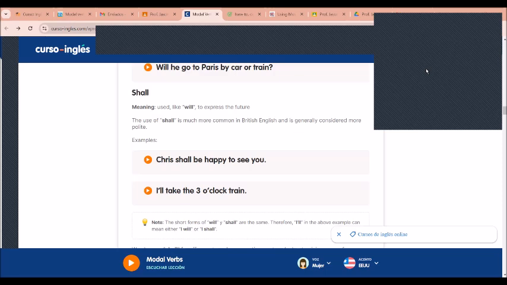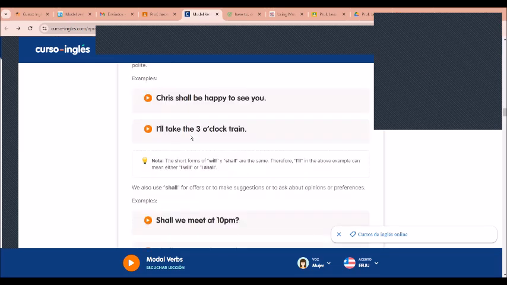All right. We know that will and shall are therefore expressing the future. When we have that apostrophe LL, both of them are being considered because they're both used in the same way. So I'll can mean I will or I shall because there's an expression of intent about the future.